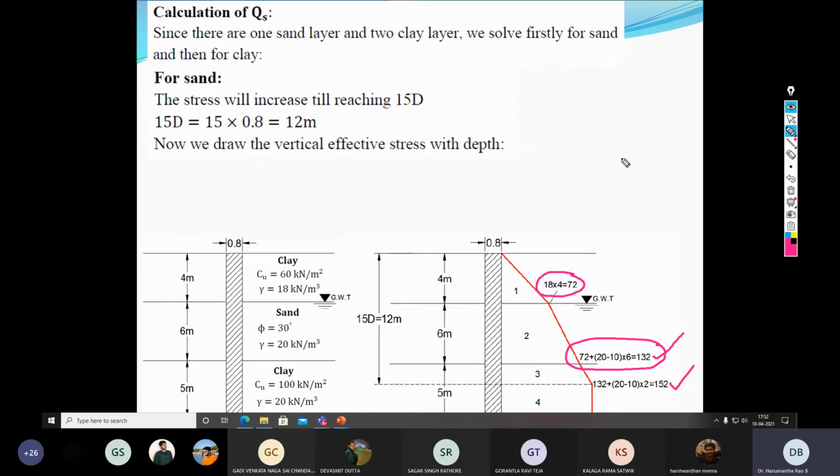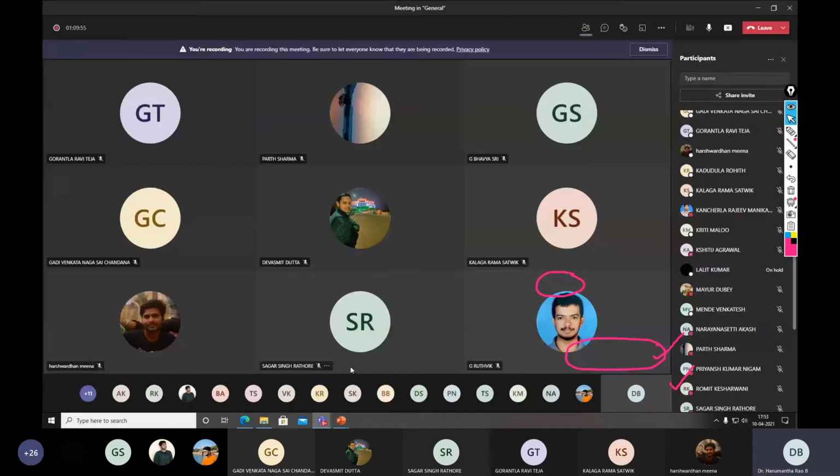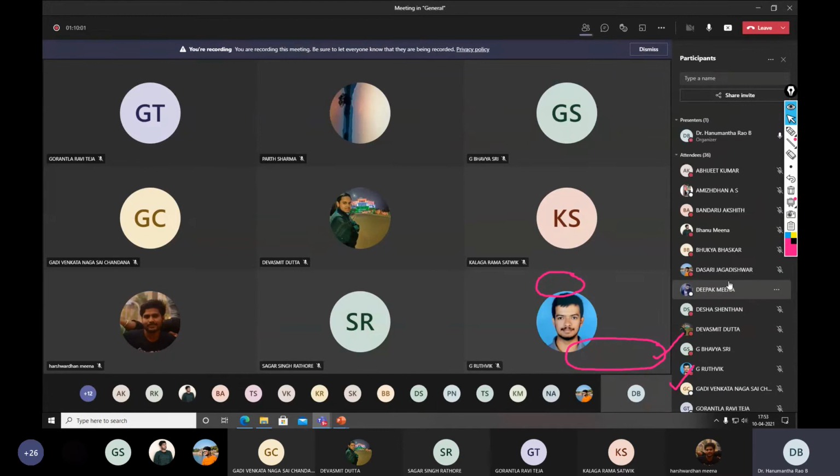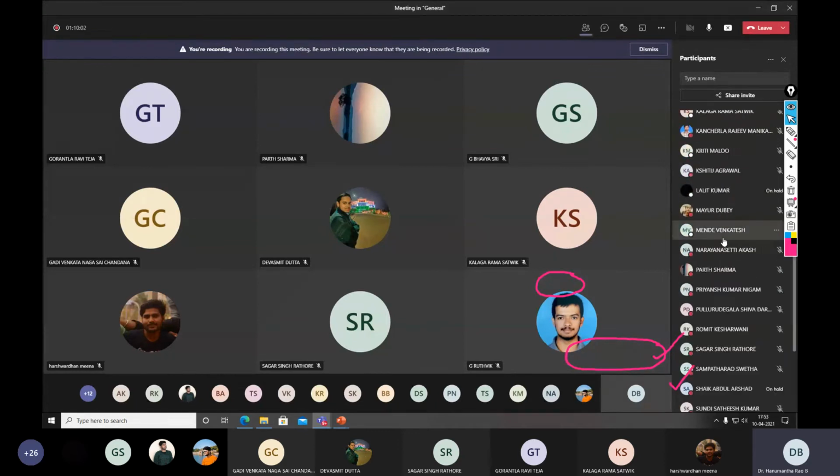Now what is the equation for calculating the unit skin friction for sand? What is the equation for calculating the skin friction for sand?